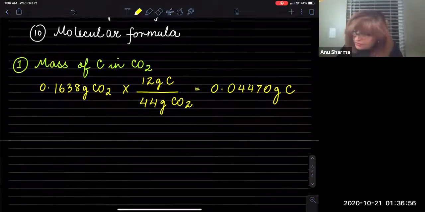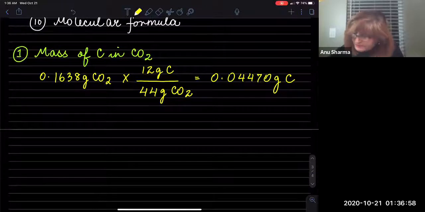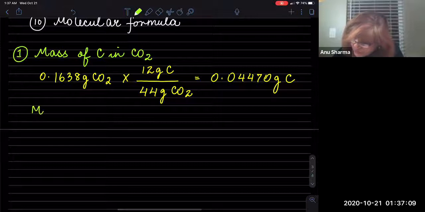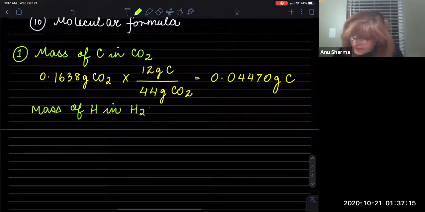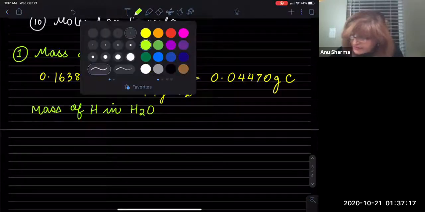Okay, so that's one thing. So you write down whatever numbers you get. Don't round up or round down yet. Next comes the mass of hydrogen in the given amount of water. And what was that given amount of water?